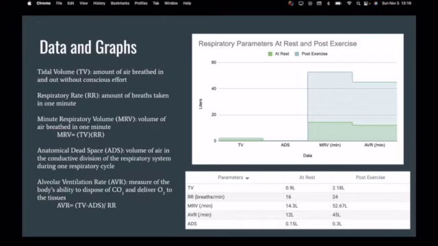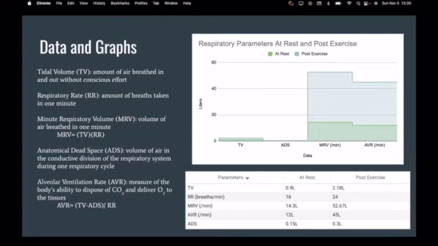And the alveolar ventilation rate is a measure of the body's ability to dispose of carbon dioxide and deliver oxygen to the tissues. This is calculated by taking the tidal volume minus the anatomical dead space, multiplied by the respiratory rate. The tidal volume at rest was 0.9 liters, and post-exercise it was 2.18 liters.